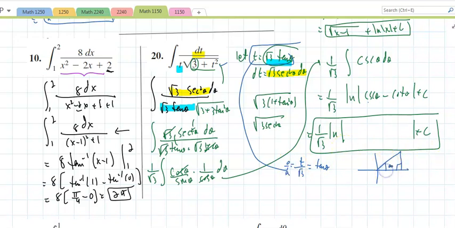The opposite of theta is t, adjacent is radical 3, and that makes the hypotenuse the square root of t squared plus 3. So I want the cosecant, which is the hypotenuse over the opposite, minus the cotangent, which is the adjacent over the opposite. And that would be my answer.